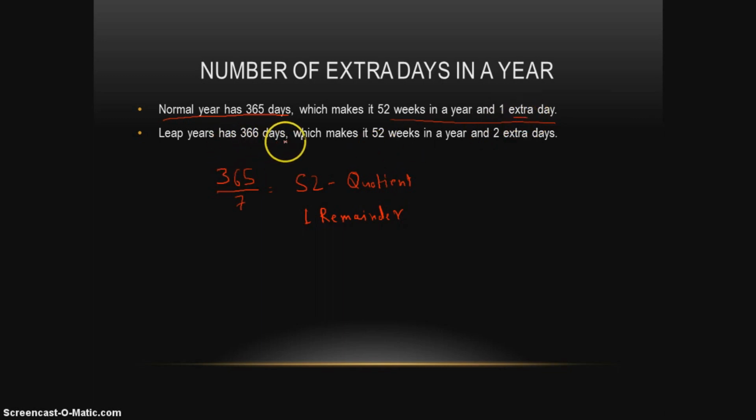A leap year has 366 days, and 366 by 7 will leave again a quotient of 52 and 2 as remainder this time.